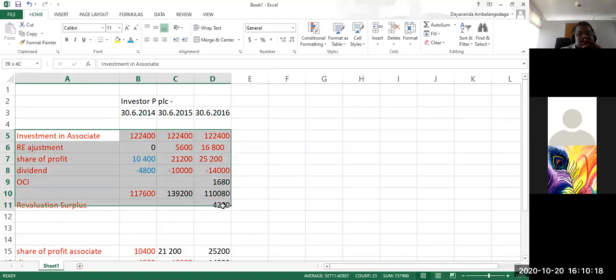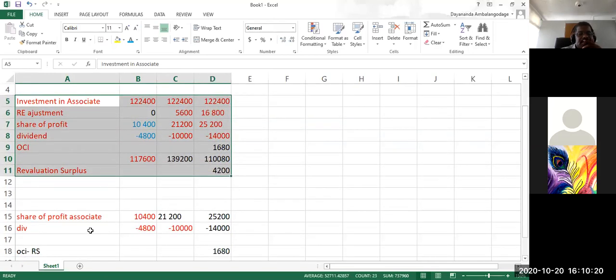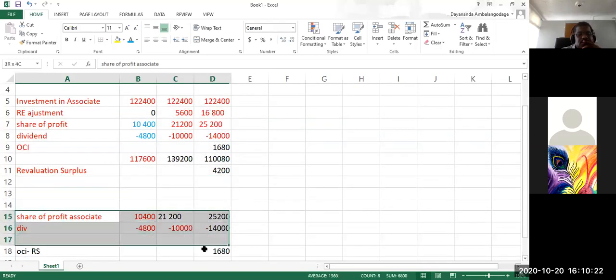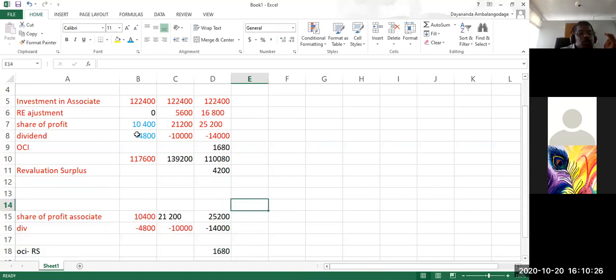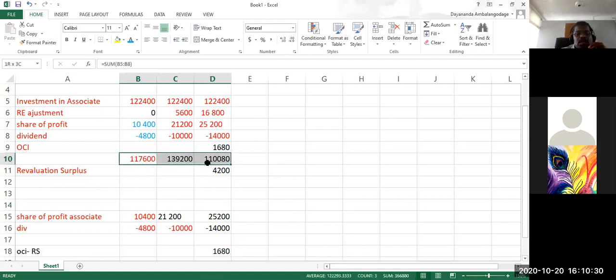These are balance sheet extraction, and this is really the profit and loss and the OCI statement. But we are not showing all these items in the balance sheet. What we do is basically we show only these two items in the balance sheet. We don't show what is in red on the page of the balance sheet.